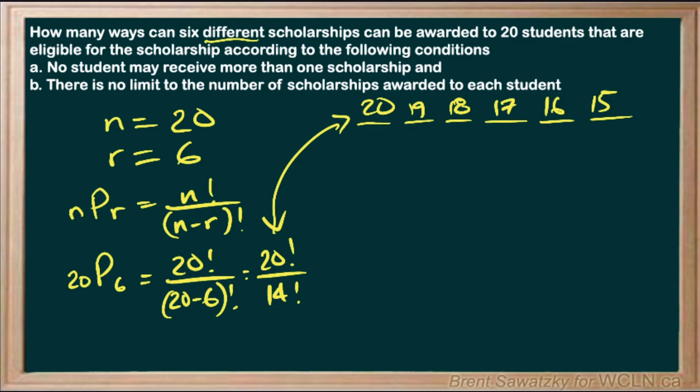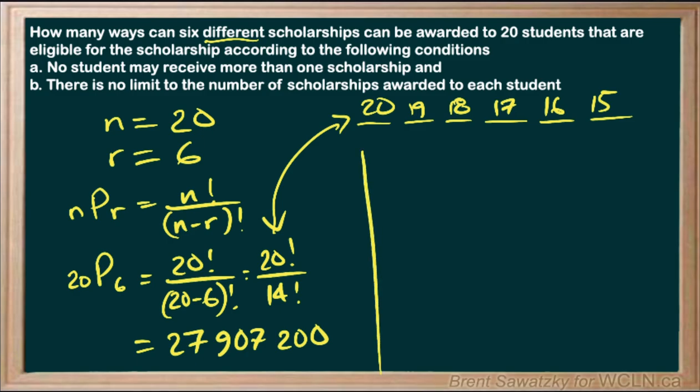So for part A, the students could not receive more than 1 scholarship. But for part B, we have a few more options. In other words, we have all the options from part A, which I didn't calculate here. Let me fill in the calculation for that. All this should come out to 27,907,200.